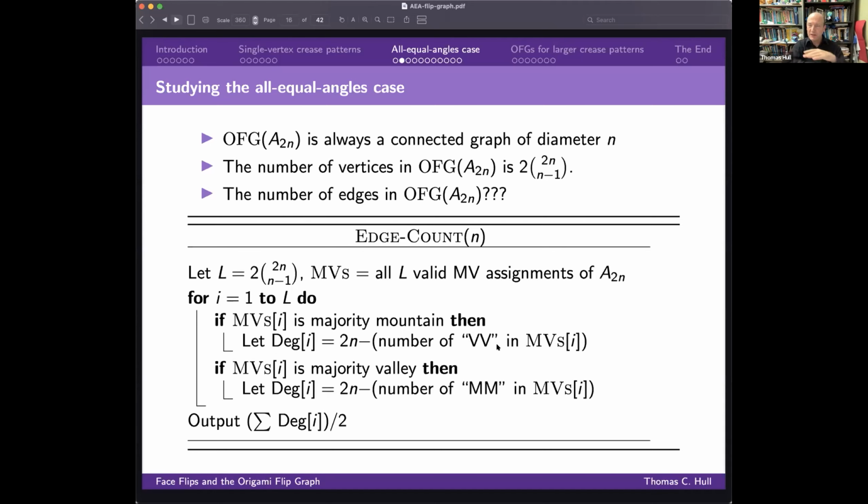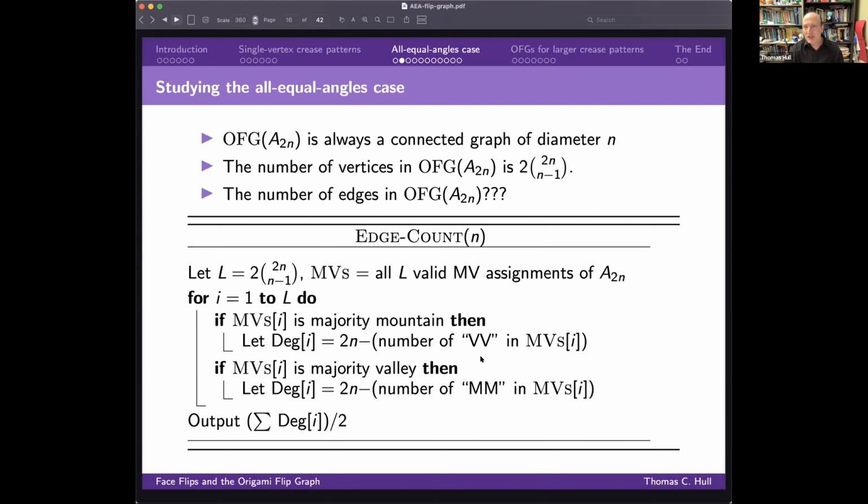If it's majority mountain and we have a face with 2 valleys next to it, we cannot flip that face. So that is one face we can't flip. All the other faces we will be able to flip. So you look at how many VVs there are in that mountain valley assignment, subtract them from 2n, and that'll be the degree of that vertex in the origami flip graph. And then you do the same thing with the majority valley ones. And then the edges will be the sum of the degrees divided by 2. That's a standard graph theory result, that the number of edges is the sum of all the degrees in your graph, divided by 2.